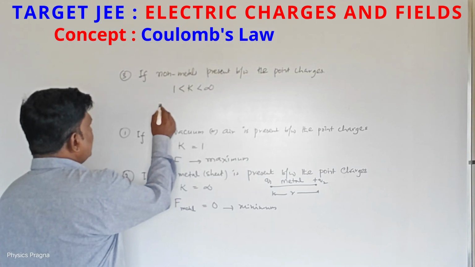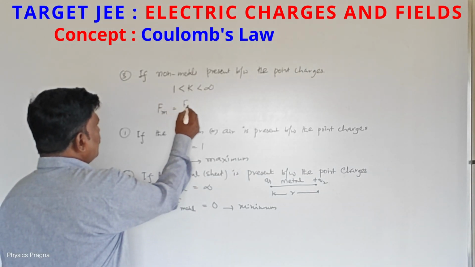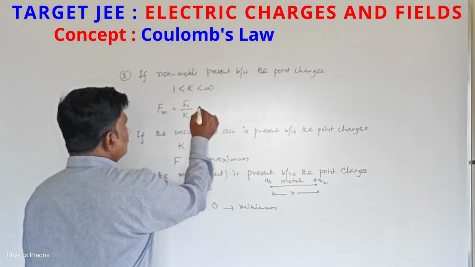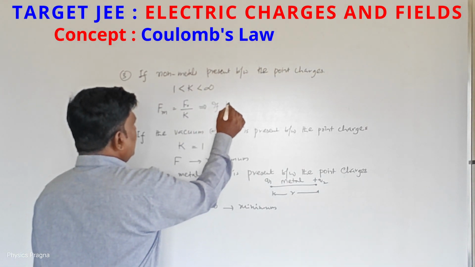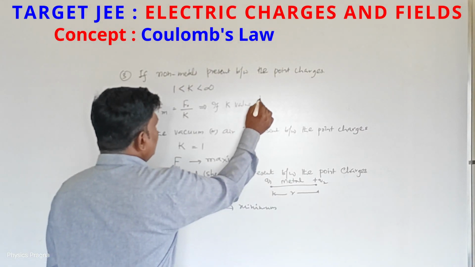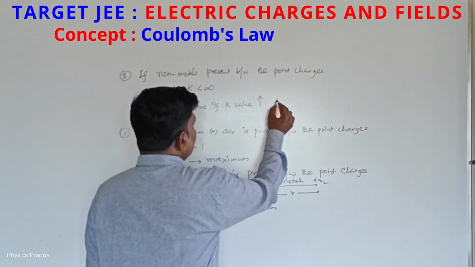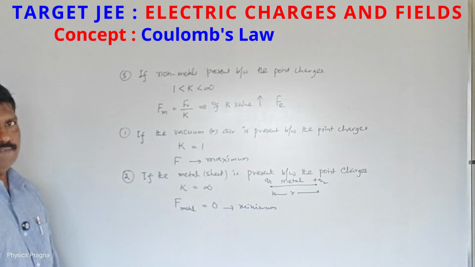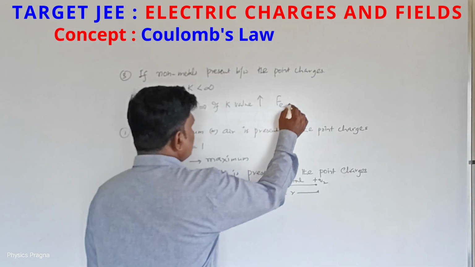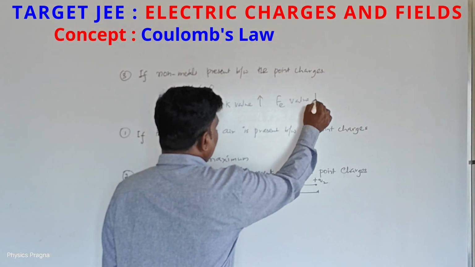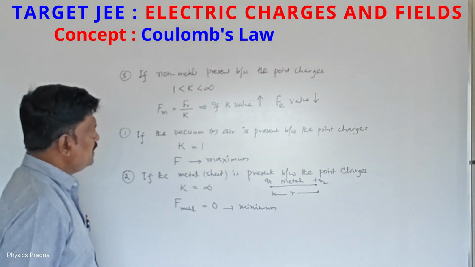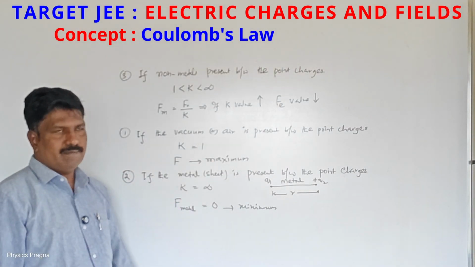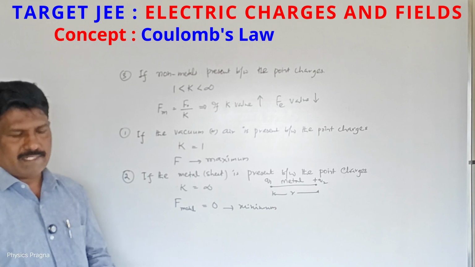So in this formula, Fm is equal to F naught by k. If the k value increases, then the electrostatic force value Fe decreases. So here the F value will be between the maximum and the minimum. So these points you have to remember.